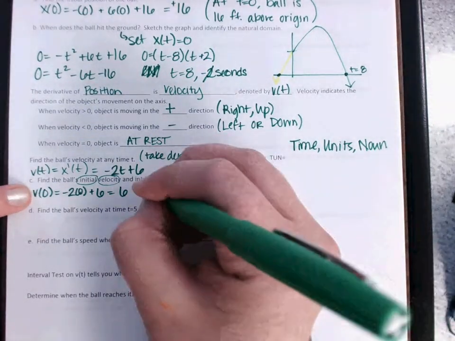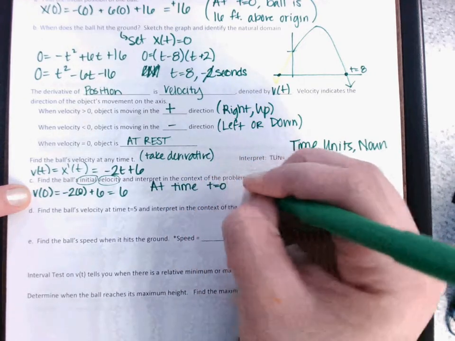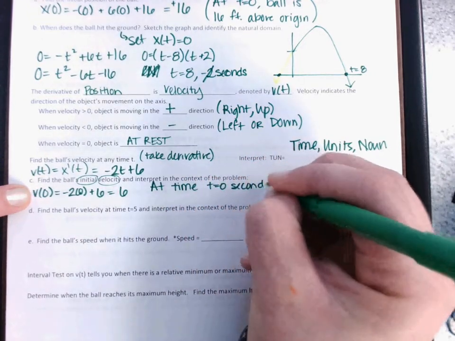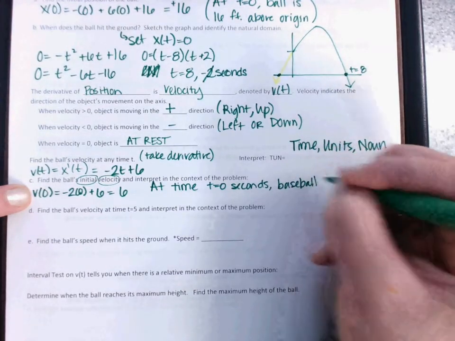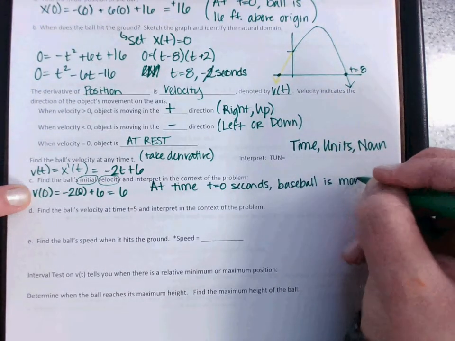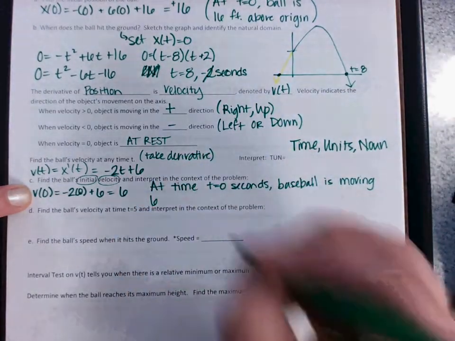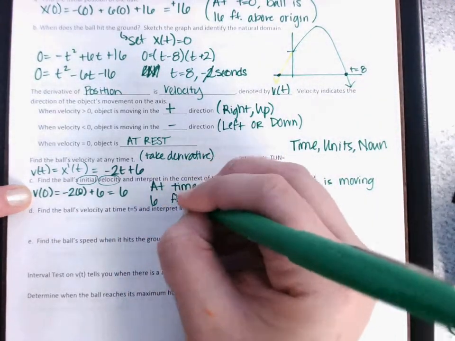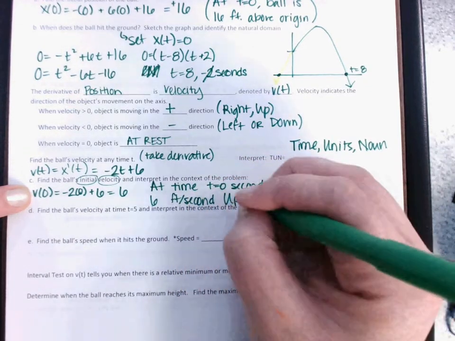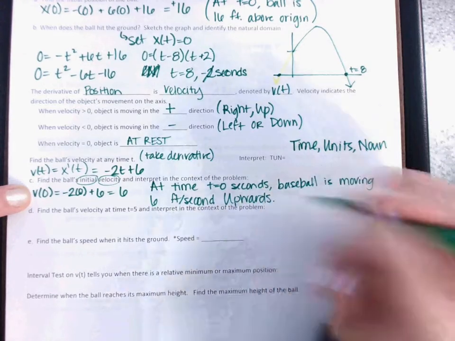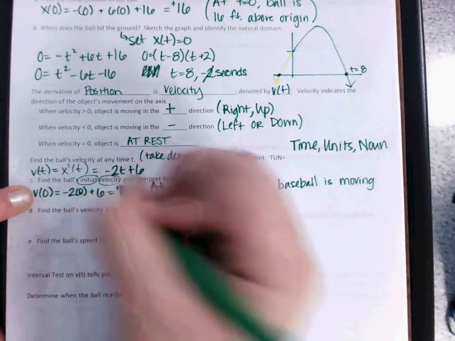You would say at time t equals 0 seconds, the baseball is moving, or you could say traveling if you like that better, 6, we said this is in feet per second, upwards. Now, how do we know that it's upwards? Because my 6 was positive.